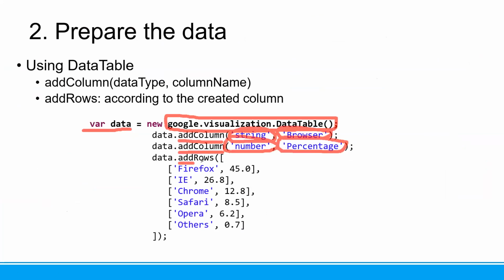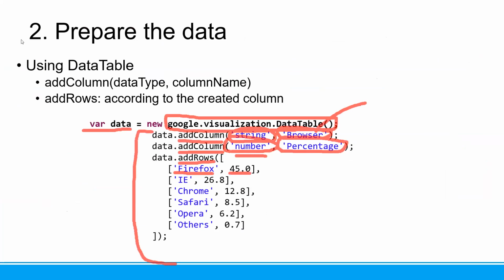And I can add the rows. The first column will be string, and all of them are related to the browser name. And the second column will be the percentage, and all those will be related to the number data. So by using this, it is also another data table.